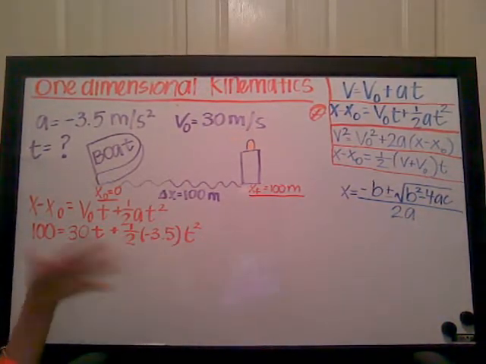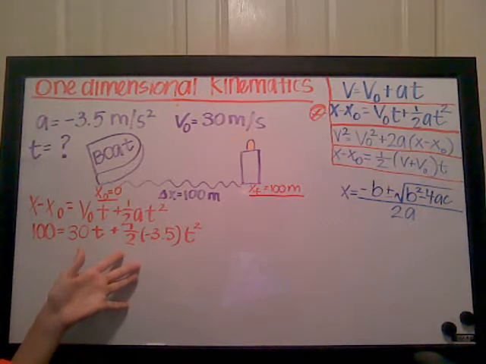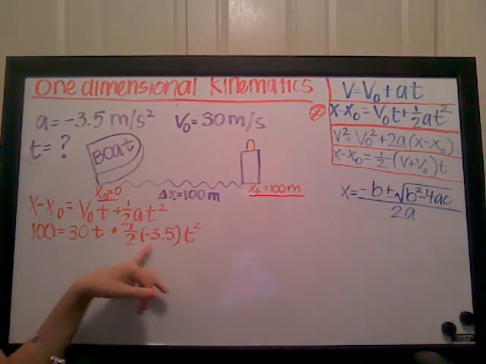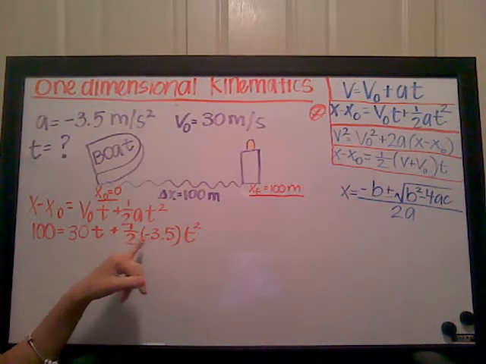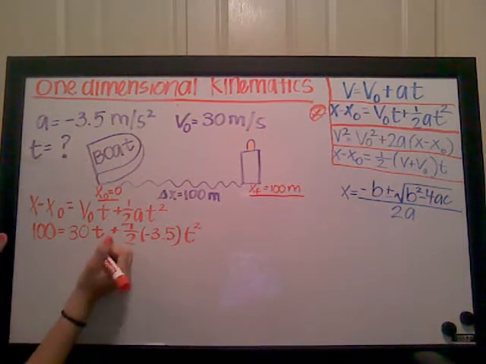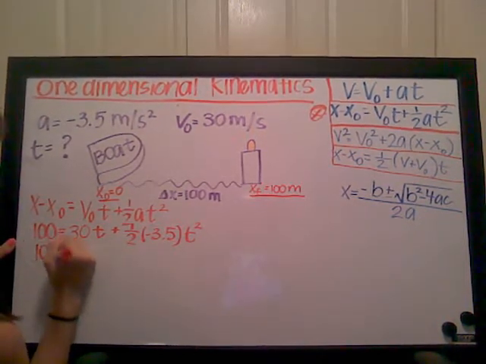And that we can solve for the time. Now when we solve for this, the only thing I'm going to do really is just take 1/2 of negative 3.5, which is negative 1.75. So I'll just rewrite this.